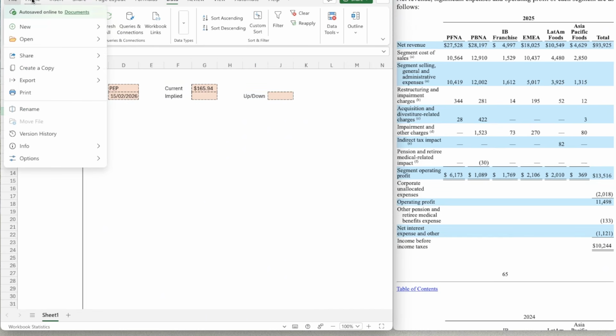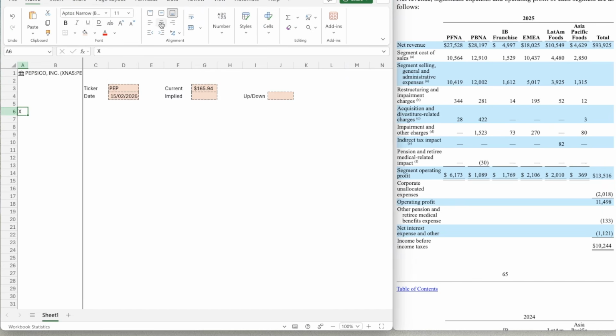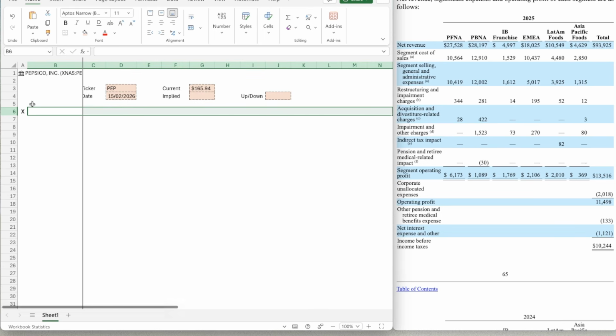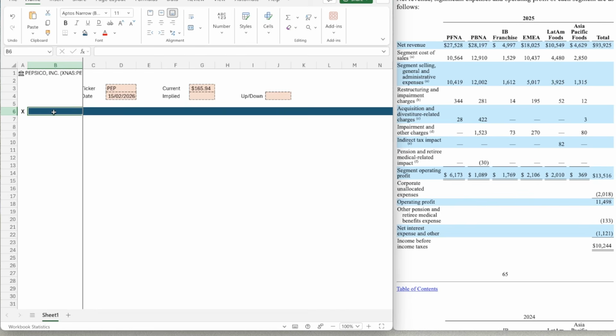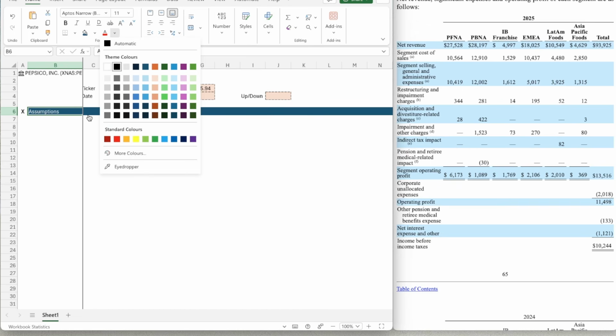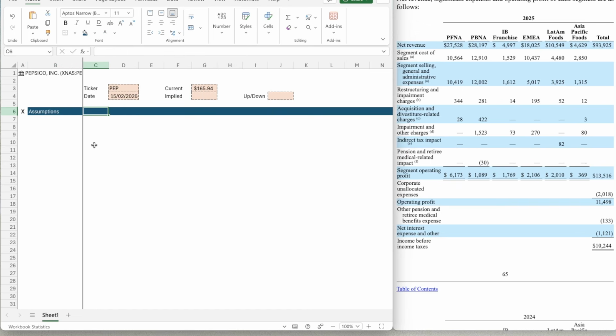If this is your first time following, the first section we're going to do will be the assumptions. Put this into a navy blue with white text so that it's readable.